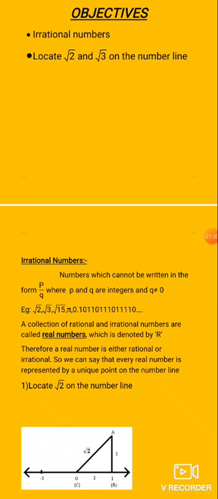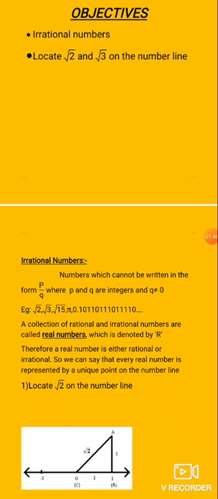A collection of rational and irrational numbers is called real numbers, denoted by R. Therefore, a real number is either rational or irrational.